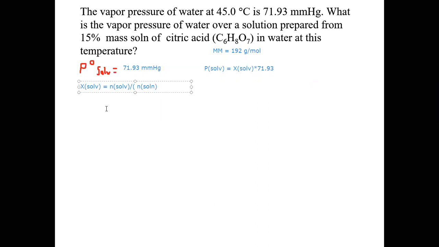So in order to solve for the mole fraction of solvent, we need the moles of solvent and the moles of solution. And again, moles of solution equals moles of solute plus moles of solvent. So we need to know the moles of solute and we need to know the moles of solvent.